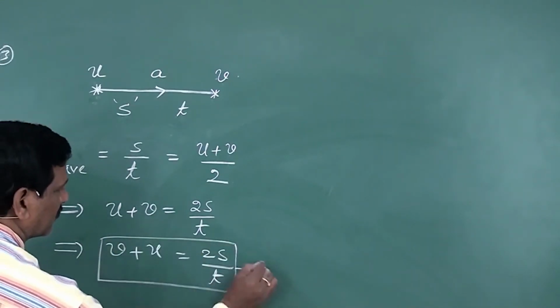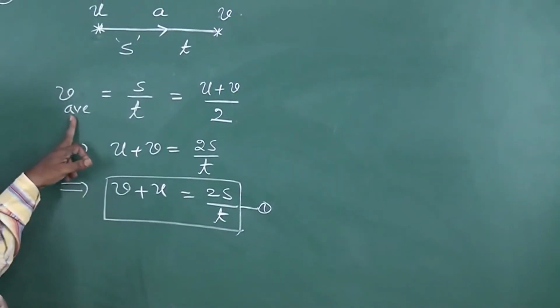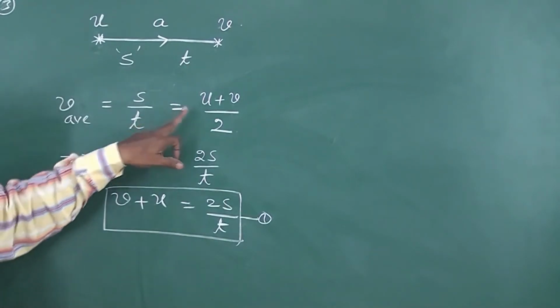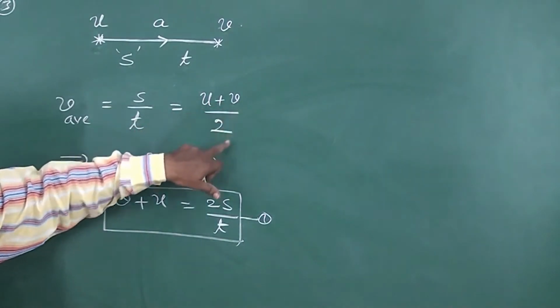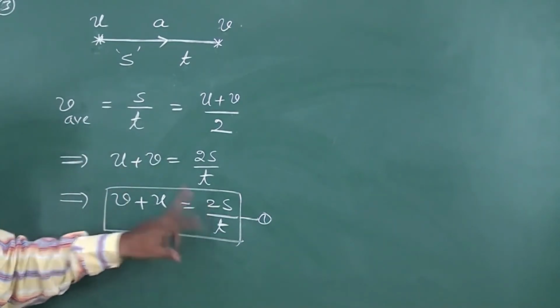This is equation 1. From the definition of average velocity, you can write total displacement by total time. Also, average means initial velocity plus final velocity by 2. From these two, you can write v plus u is equal to 2s by t.